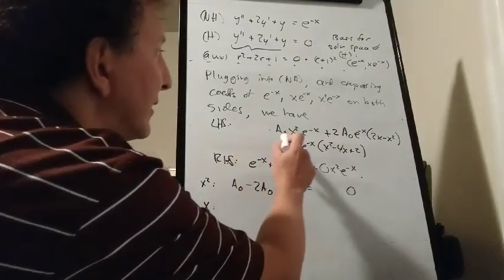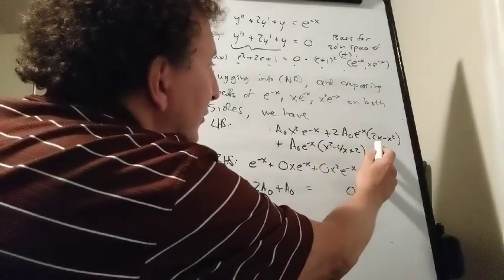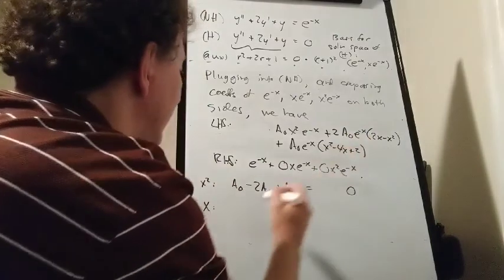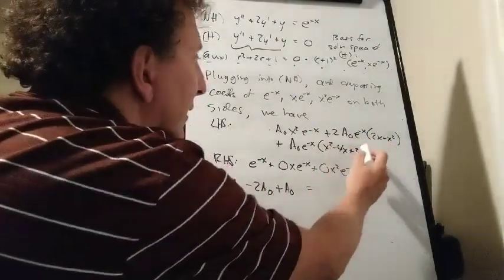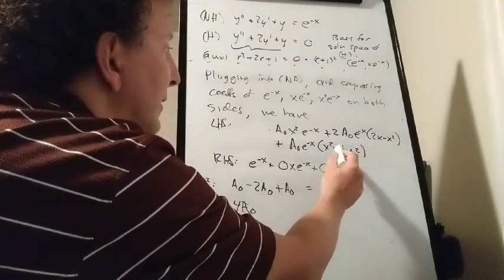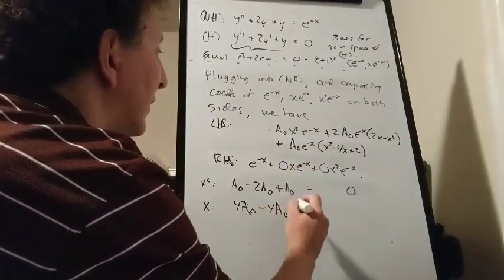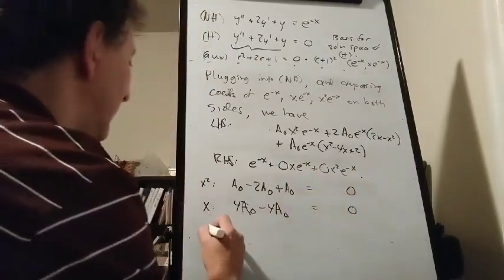Coefficients of x on both sides. On the left-hand side, well, x e to the negative x really. So 2x times 2a naught, so that's 4a naught. And here's another x, minus 4a naught. And x e to the negative x, we don't have that on the other side.